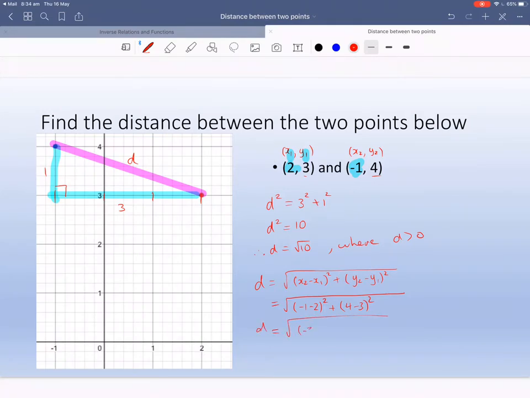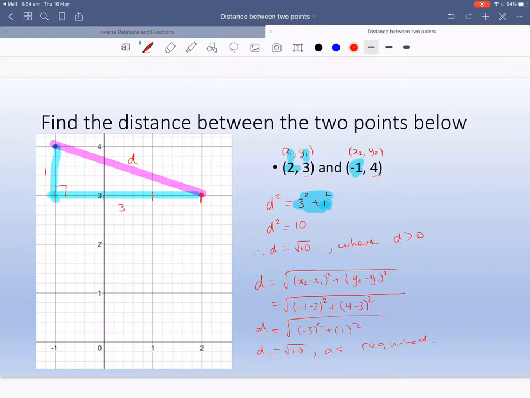So this is going to be minus 3 squared plus 1 squared. And that's exactly what we had here, okay? Because minus 3 squared is the same as 3 squared, and 1 squared is obviously the same as 1 squared. So we end up getting D equals the square root of 10 as required, okay?